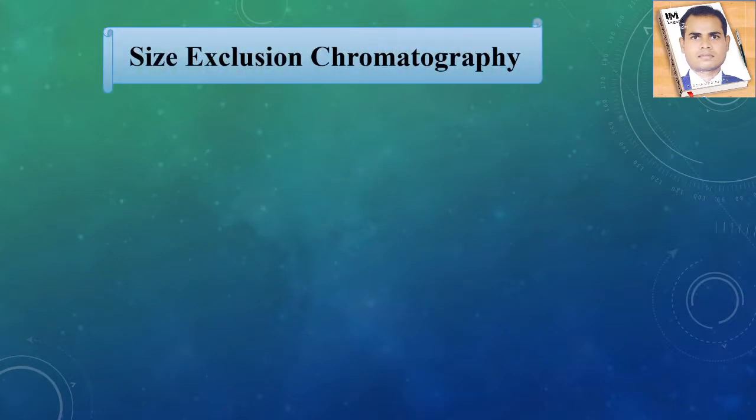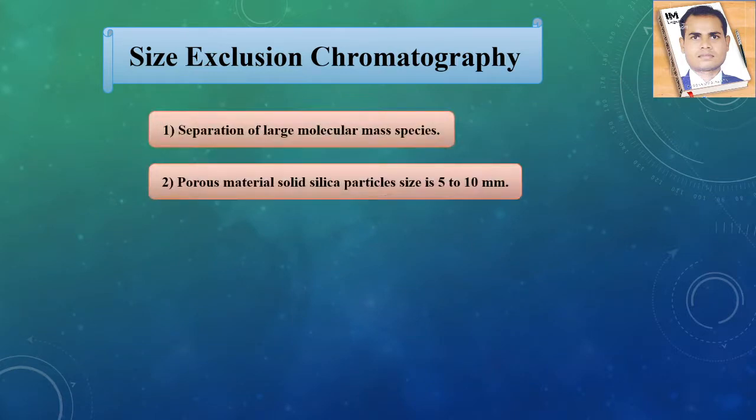Now we have to see the next, size exclusion chromatography. This depends on the size of the particular component, so we can separate components from the mixture by size. In this case, it is the separation of large molecular mass species only. In this separation technique, we can see resins.